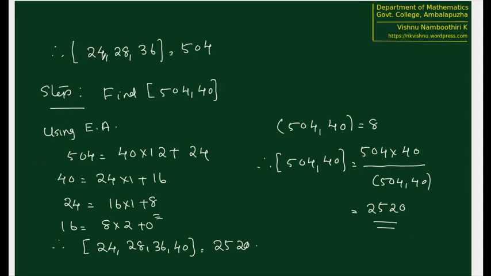Actually, when small numbers are involved in finding the LCM, we can easily use the canonical decomposition instead of doing all this work. So we are going to see this alternate method using canonical decomposition.